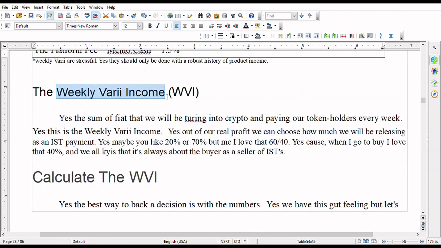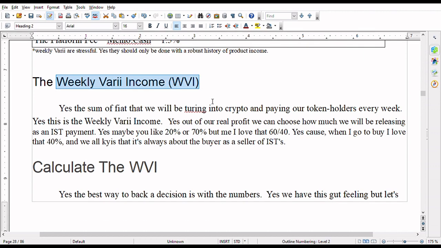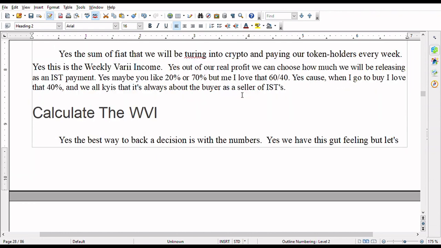So let us first describe the weekly Varii income. It is the first step in creating the Varii IST. We are thinking about what the IST is going to push to the network, how much money the IST is going to push to the network.